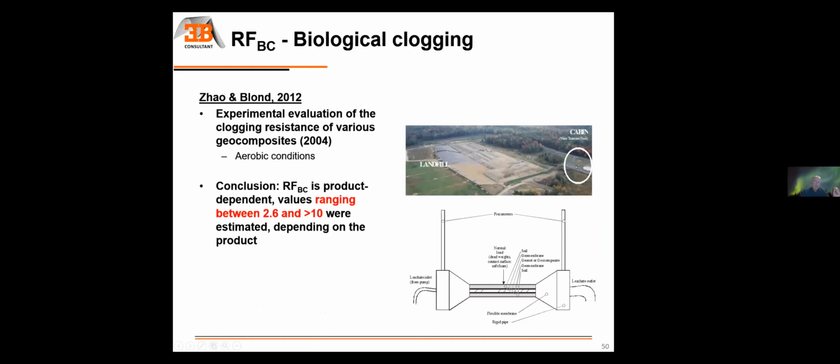For example, a geonet without any geotextile is going to have a much higher resistance to biological clogging. It's going to be much less sensitive than when there is a geotextile. Also, there is a question of conditions, if it's aerobic, anaerobic, and so on. So we did a quite in-depth investigation of the clogging of geocomposites and brought some numbers for reduction factors.